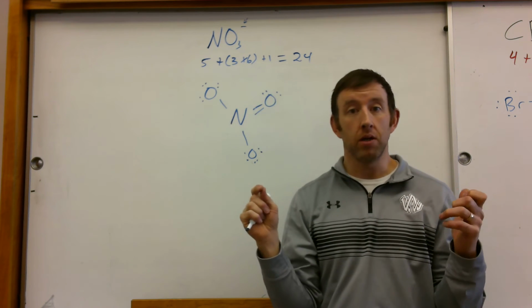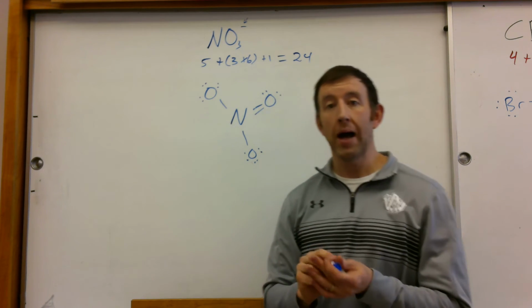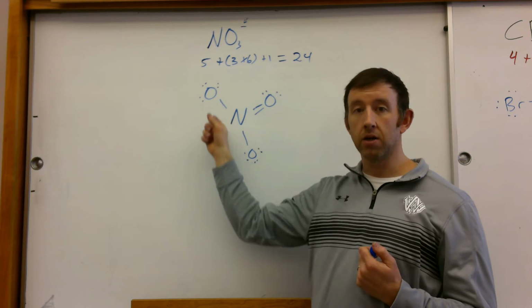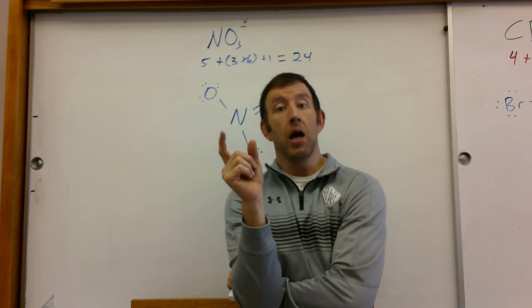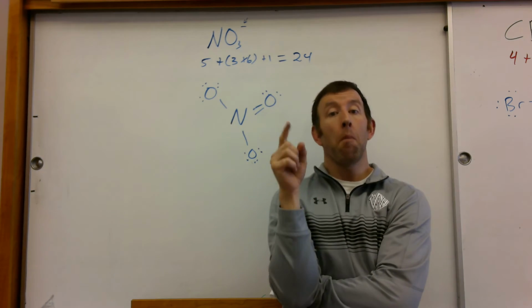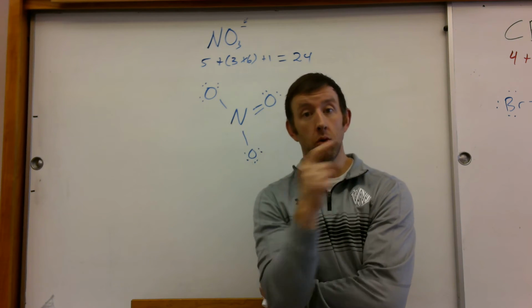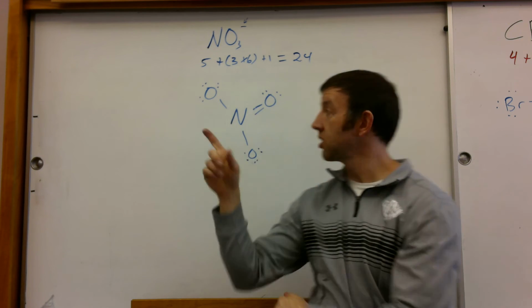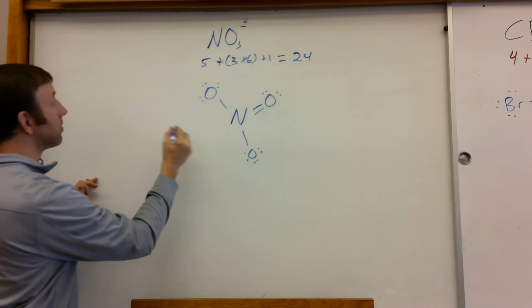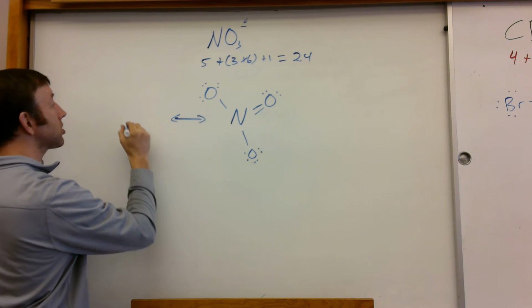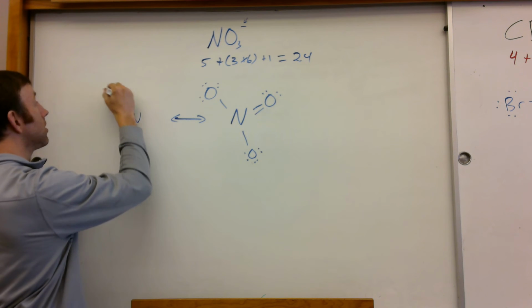Now, at this point, you might be wondering, well, what happens if I decide to make a double bond here or here? It is the same thing. Sometimes I'm going to say, okay, now I want you to draw all possible Lewis structures. Okay, in which case you would draw this again, but we'll just move our double bond. So we could draw it like this, or we could draw the double bond here.